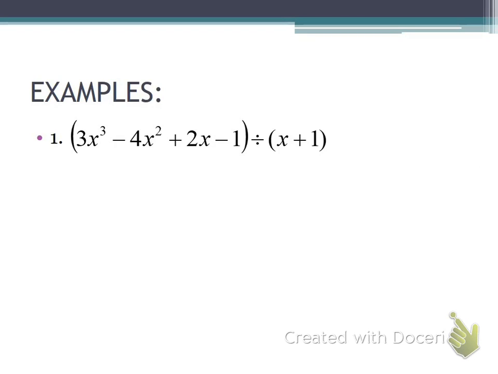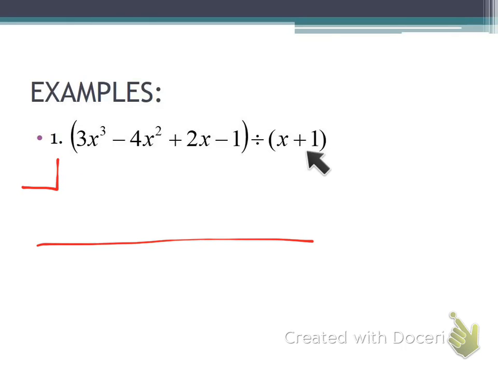So the setup for this problem, what it looks like, is we have this little box out here, and then we kind of leave a little space, and we've got a long bar here. This is our setup. So our divisor goes in this little box, and in those notes it said it was the opposite of what was written.